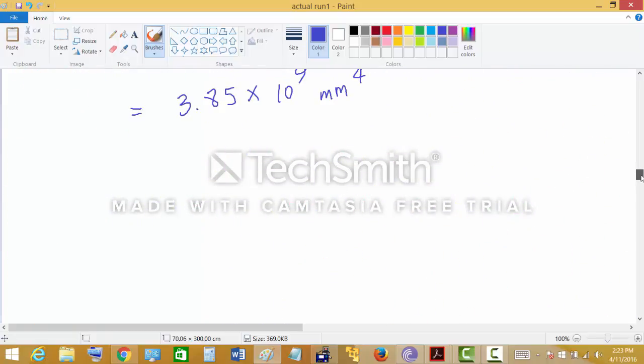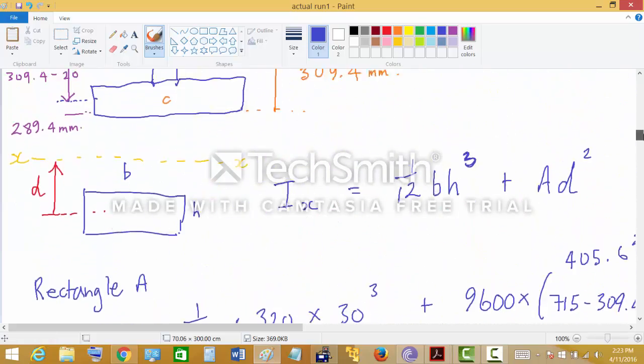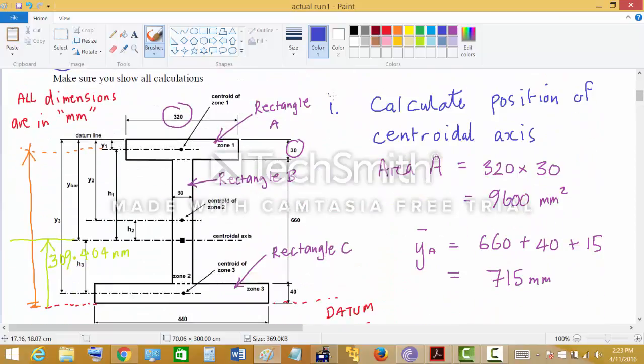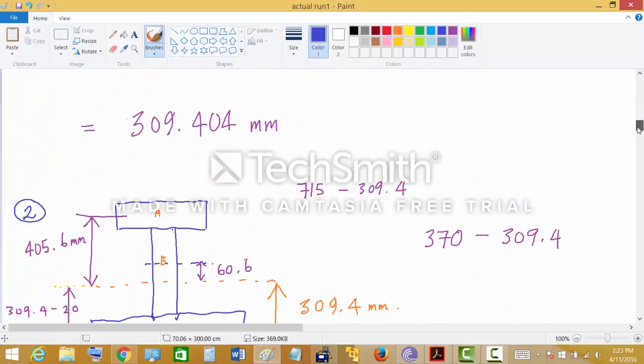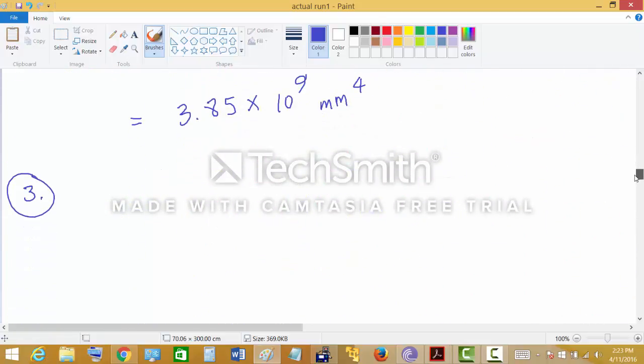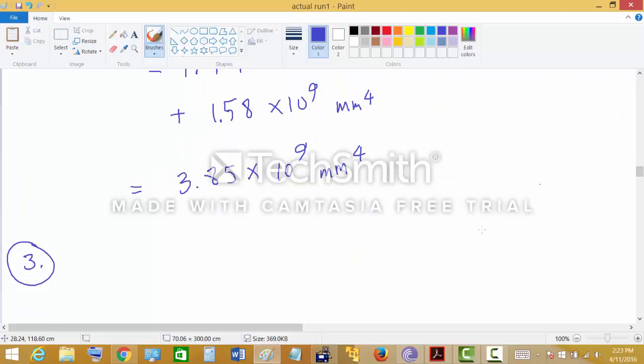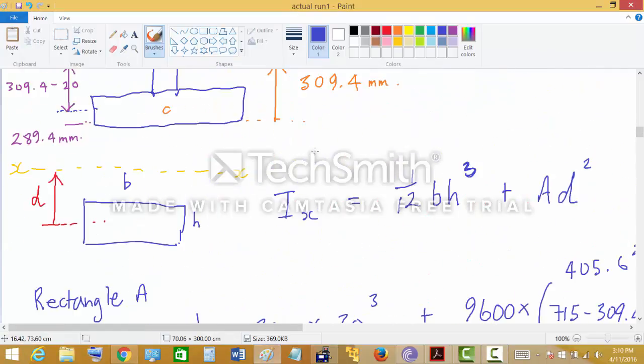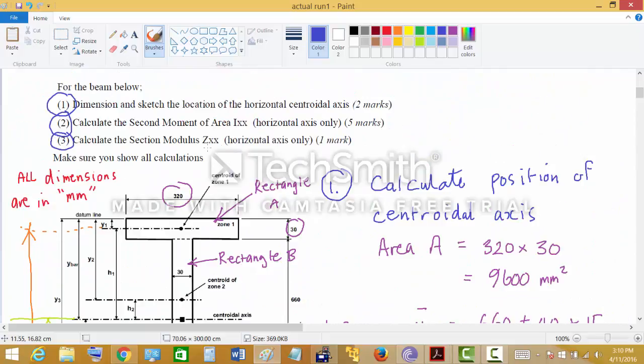Question number 3. Okay, third question is we need to find the section modulus ZXX.